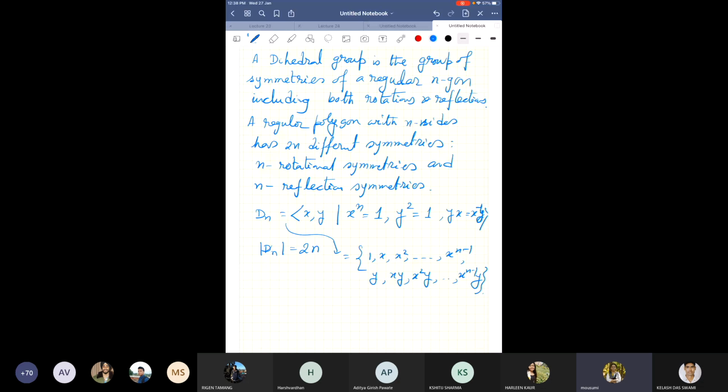I think in Dummit and Foote the notation is a little bit different. The dihedral group of order 2n, they denote it by D2n, but in Artin the notation is Dn, where the order of Dn is equal to 2n. Is it now okay? What will be the general form?